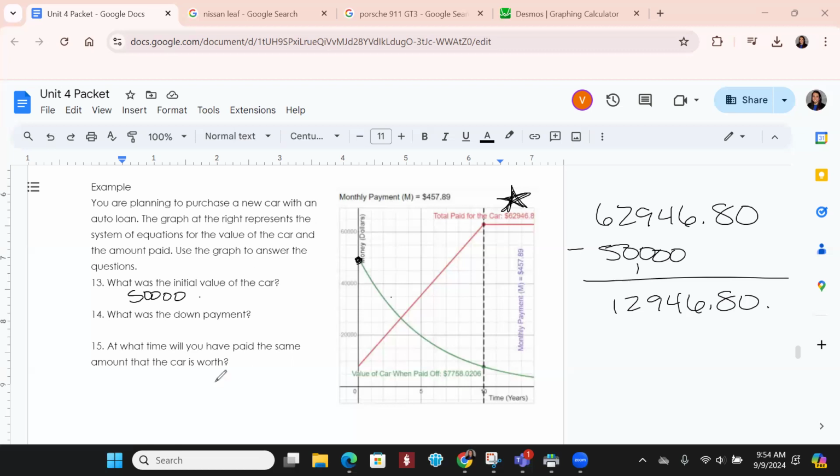That's okay. About what time will you have paid the same amount that the car is worth? Is it 10 years? How much is the car worth? No, let's look at this again. If your monthly payment was $457.89, and how much is the car?